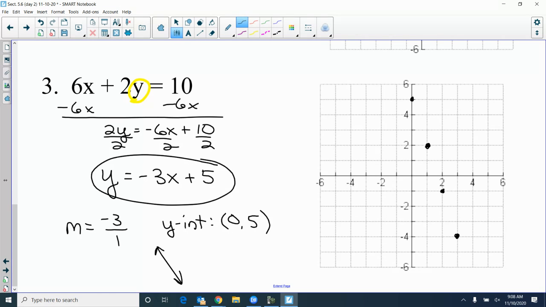And put as many points as will fit on there. And now connect. And make sure you go a little bit past it. And make sure that you put arrowheads on there. All right, so that's plotting everything.